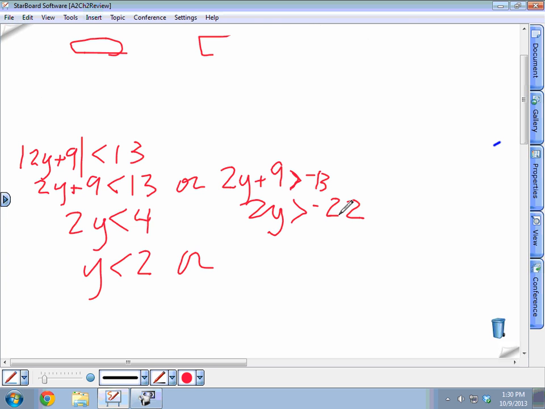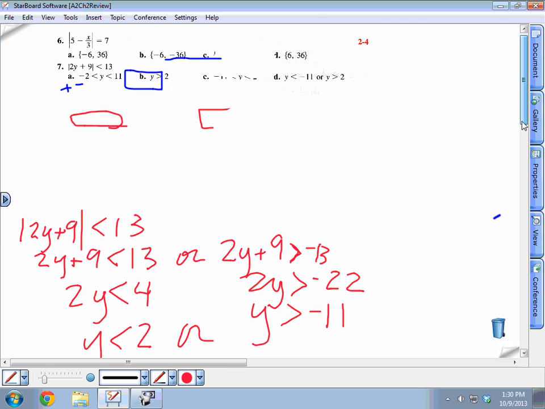Now, I don't have to flip the sign here, remember, because all I did was subtract 9. I didn't multiply or divide by a negative number. So I divide by 2, y is greater than negative 11. So now my answer's up there. y is less than 2 and greater than negative 11.